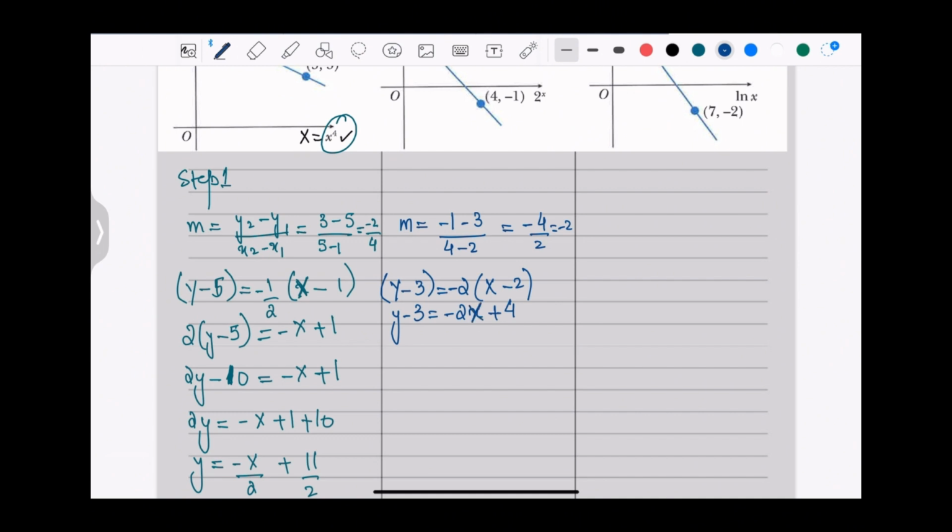So X is taken as capital X. So y equals negative 2X plus 4 plus 3, which is plus 7. So y equals negative 2. Instead of X, you write 2 to the power x, plus 7.